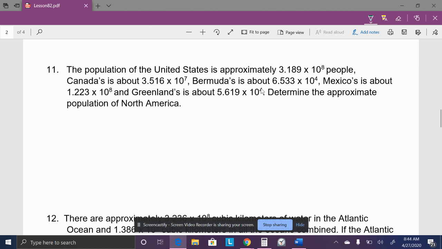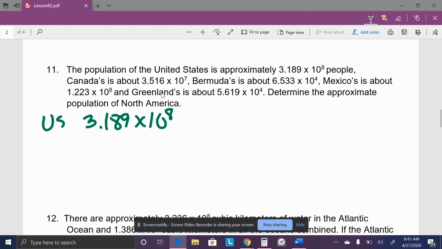I'm going to have them all be the same and I'll have them all be 8. So for the United States, I'm just going to write over here, US, 3.189 times 10 to the 8th, right? That one's okay.